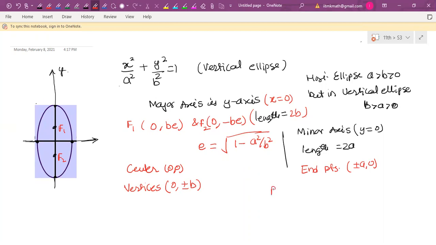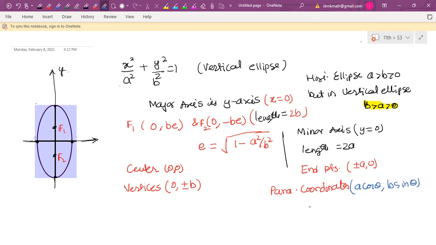Parametric coordinates will be the same. Why? Because there is no change in the original standard equation. The only change is b greater than a greater than 0. So the parametric equation is the same: a cos theta, b sin theta.